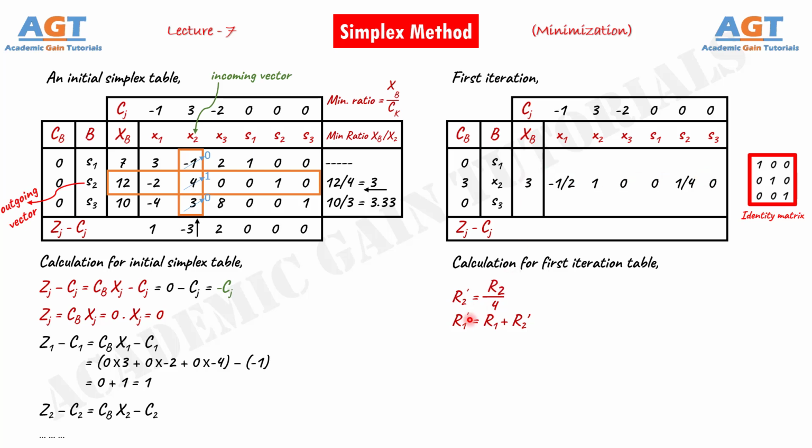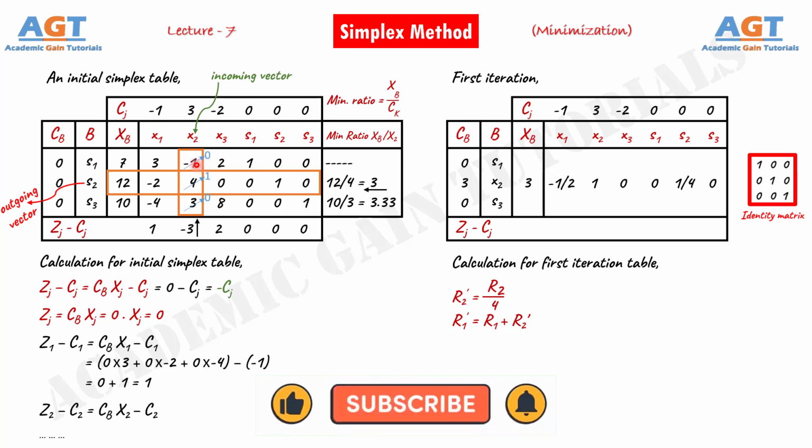Now we will use the R2- row from the new table and the R1 row from the previous table to get the new R1- row in the table. So, in the row operation we have written R1 and R2-. Now, why are we adding them? As we said earlier, we have to perform some operation so that the value of this position in the new table becomes 0.